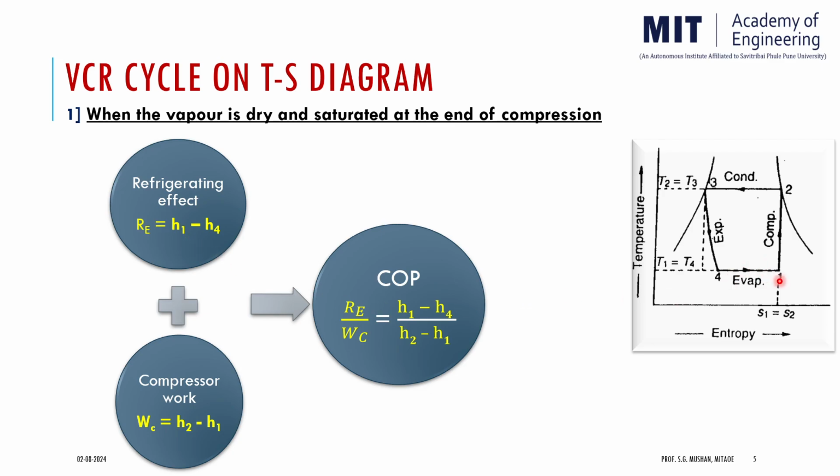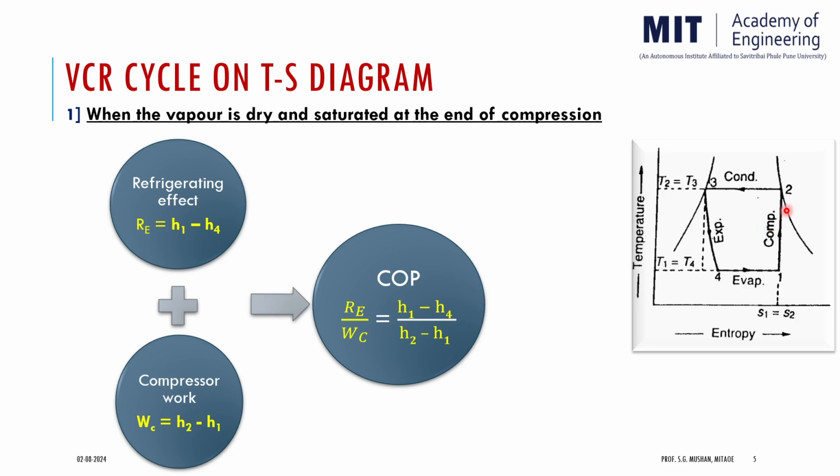Similarly, the work consumed is between 1 to 2, so the compressor work is H2 minus H1. When we put these values in the equation, the COP equation will be H1 minus H4 divided by H2 minus H1.